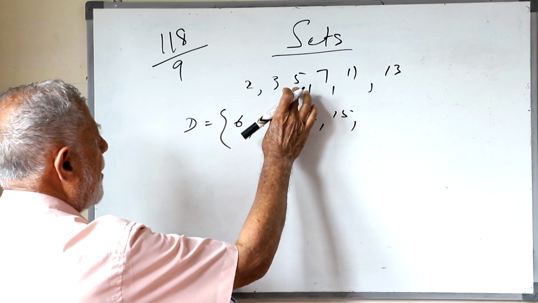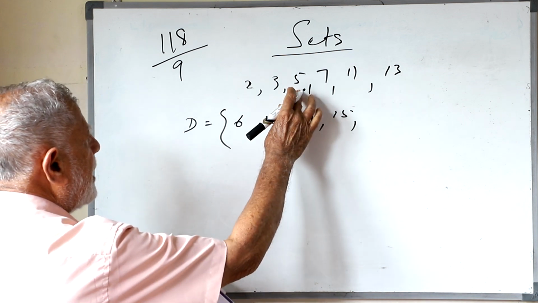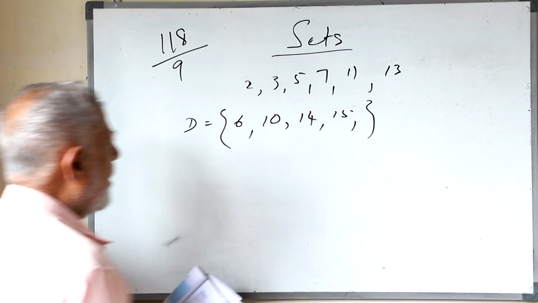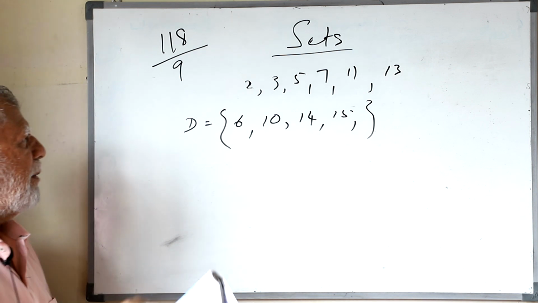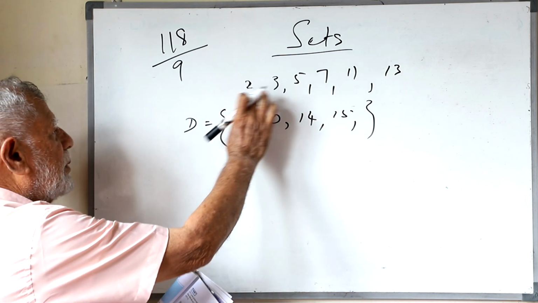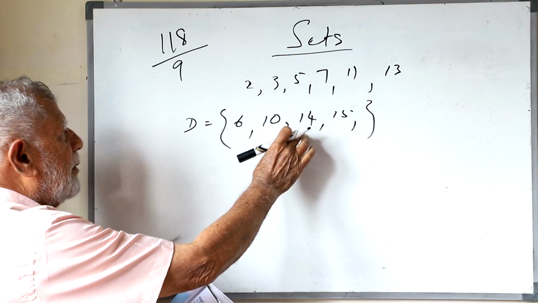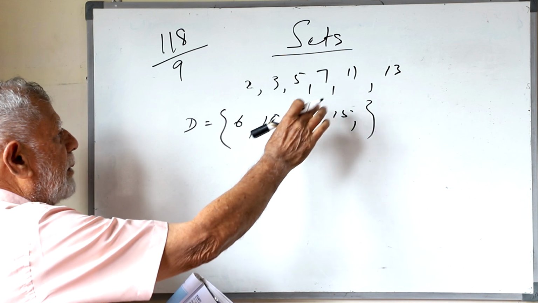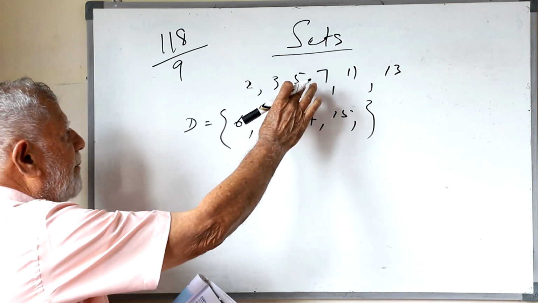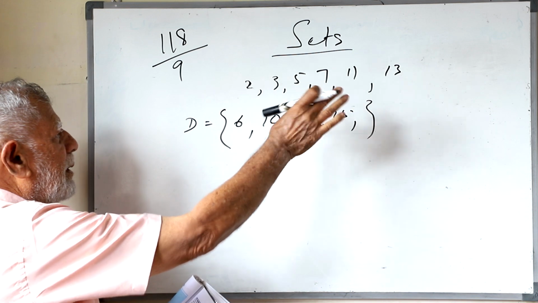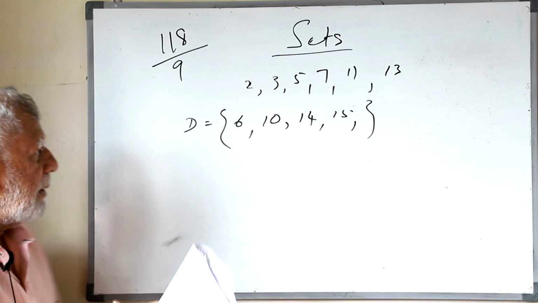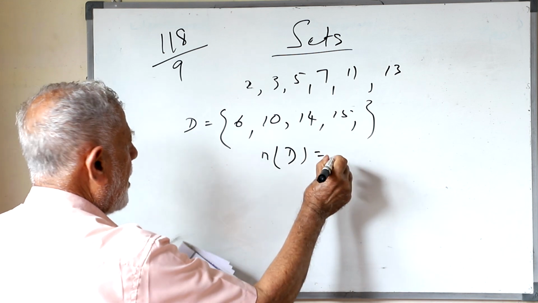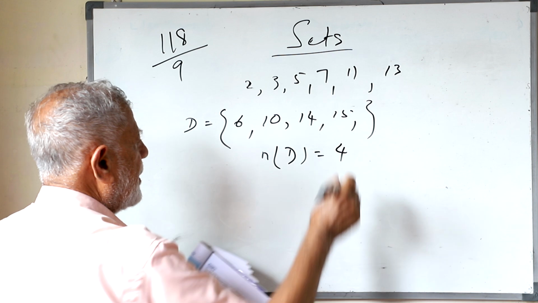So these are the numbers that are products of two prime numbers: 2 times 3 is 6, 2 times 5 is 10, 2 times 7 is 14, 2 times 11 is 22 which can't be taken, then 3 times 5 is 15. That's all. So n(D) is equal to 4. 1, 2, 3, 4.